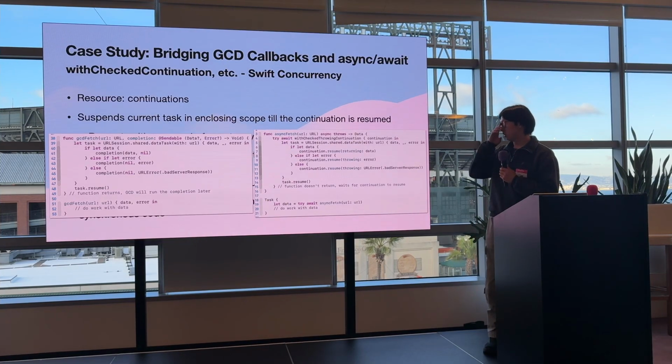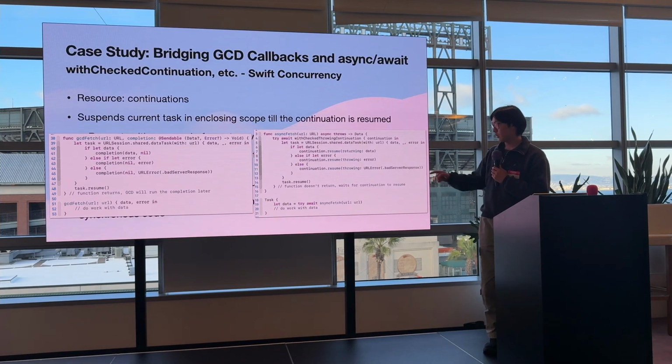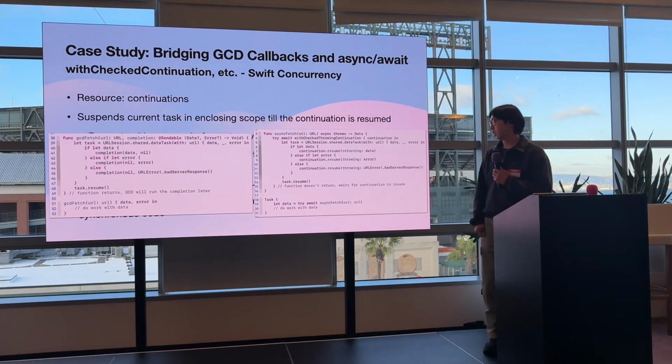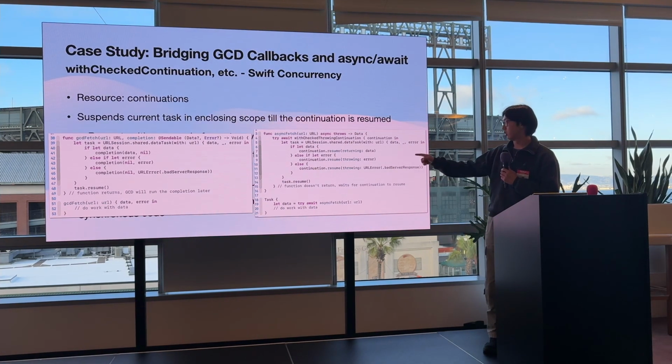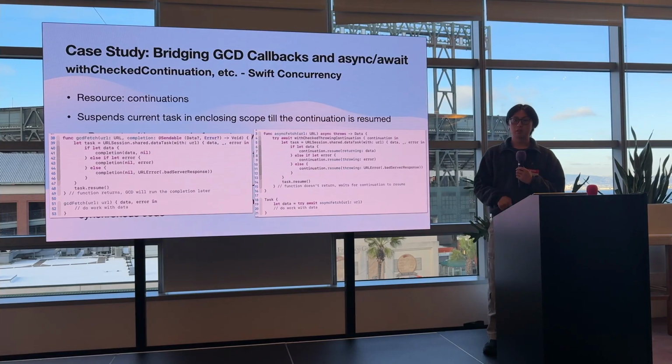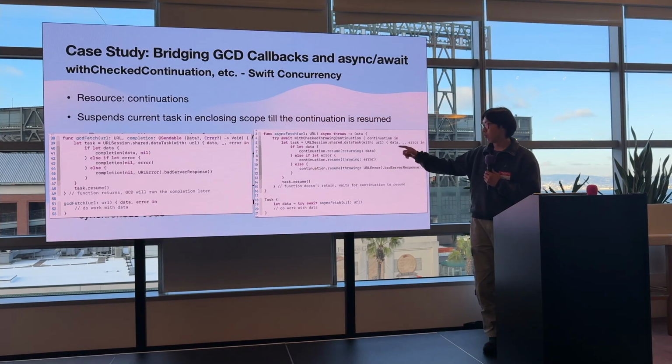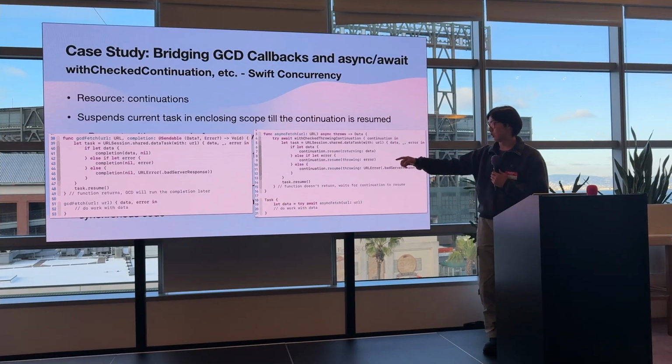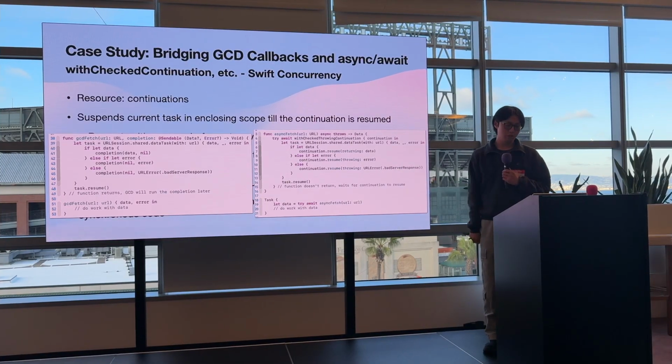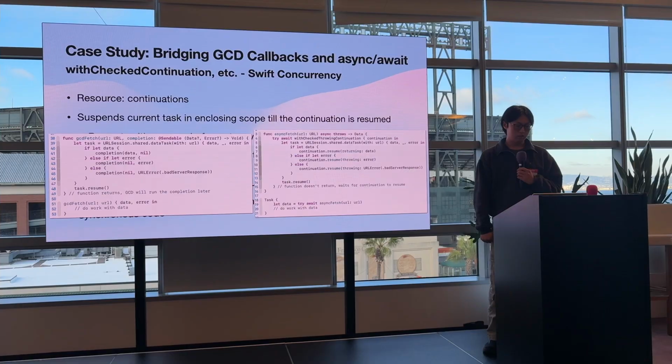On the right here, this function does not return immediately after line 50. Instead, it waits for the continuation to resume. So the end of execution in this closure is actually one of these three lines instead of the last line in the closure. So that's what continuation does.